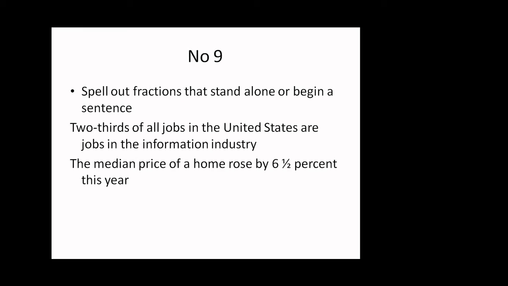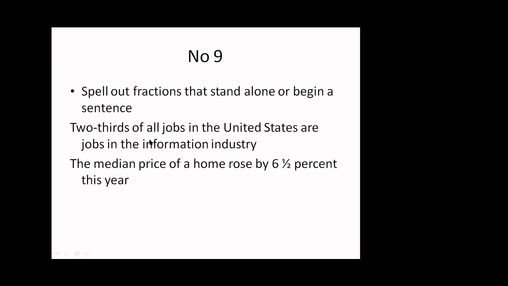Next, coming to rule number 9. If you are beginning a sentence with a fraction, you have to spell it out. Use the words. No figures here. Don't start a sentence with a number.